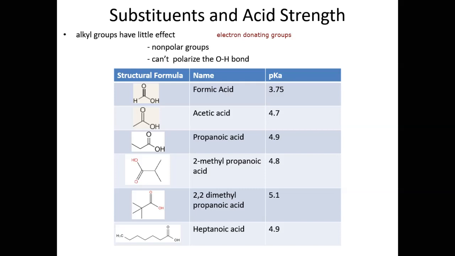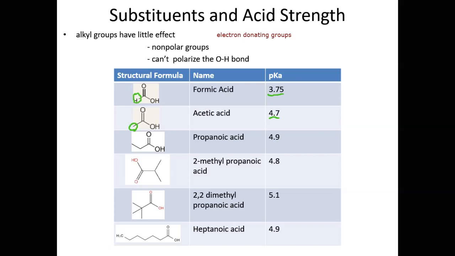If anything, the opposite happens, and since it's electron donating, it's actually making the acid weaker by adding the methyl group. So when we have formic acid, the pKa is 3.75. Again, the lower the pKa, the stronger the acid. When we put a methyl group on it, such as in acetic acid, it becomes 4.7.